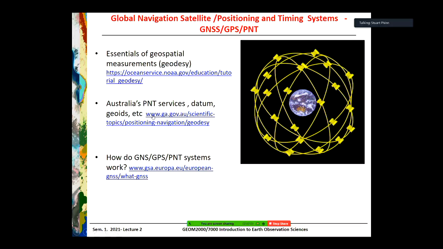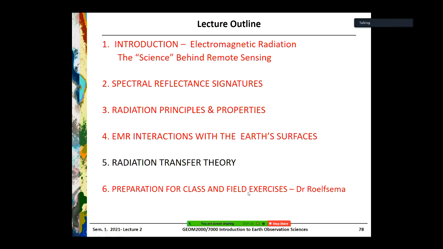The timing of the power distribution comes from the atomic clocks on all the positioning and navigation system satellites. So if you lose those, you mess up the distribution of power around our power grid as well. So this is a whole field in itself. I'm not going to get into it, but if you want one link to look at, look at that link on Australia's position, navigation and timing systems.